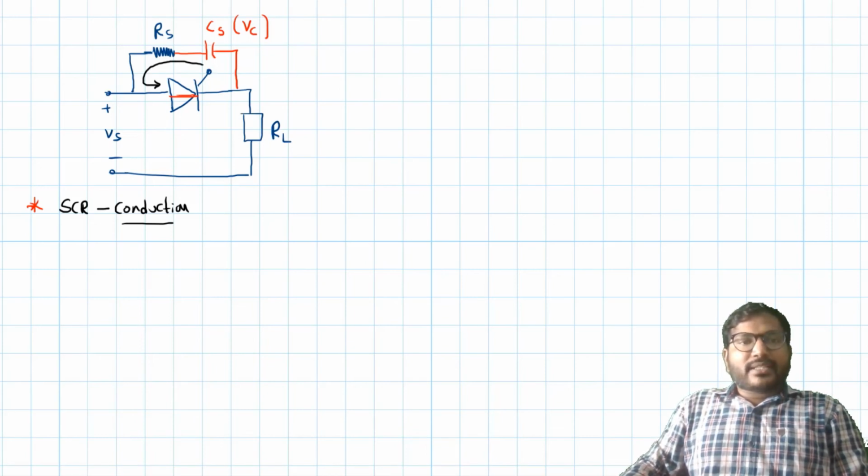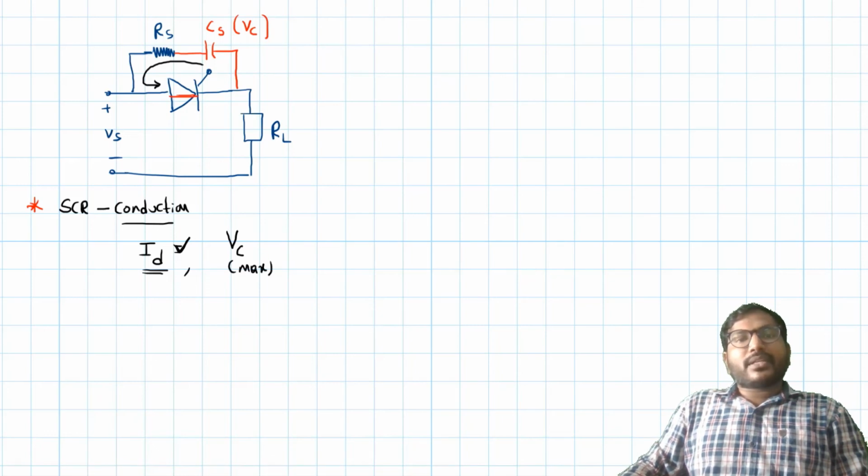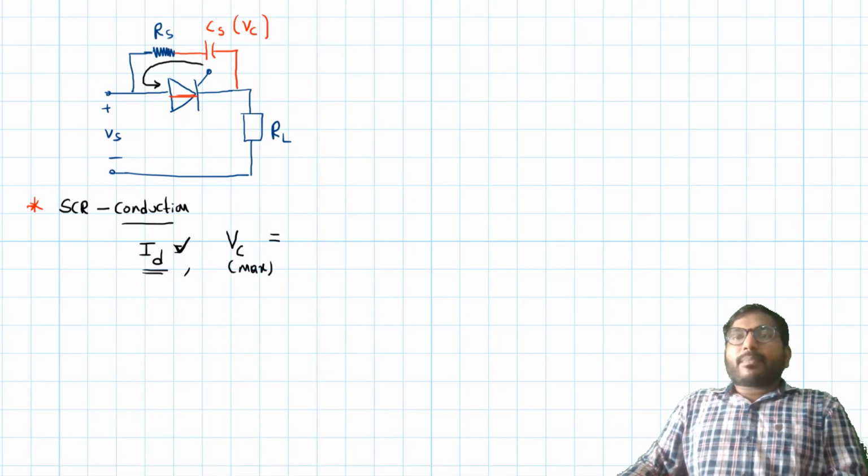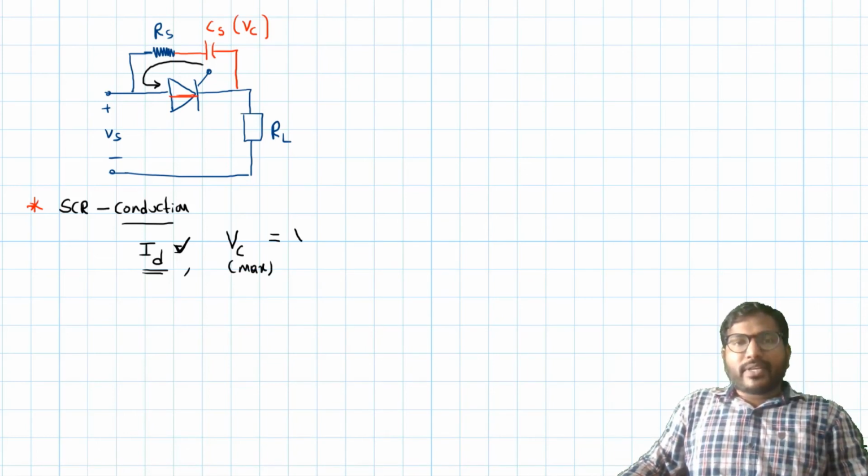Let us suppose ID is the discharging current, so we have to find ID. Now what is the maximum capacitor charging voltage? For any capacitor, the maximum stored voltage is equal to the supply voltage Vs, and in that path, the resistance is Rs.